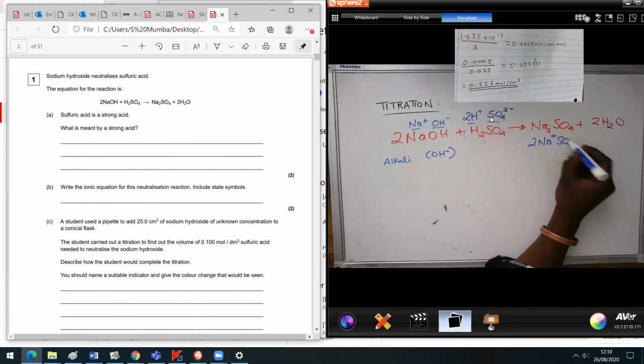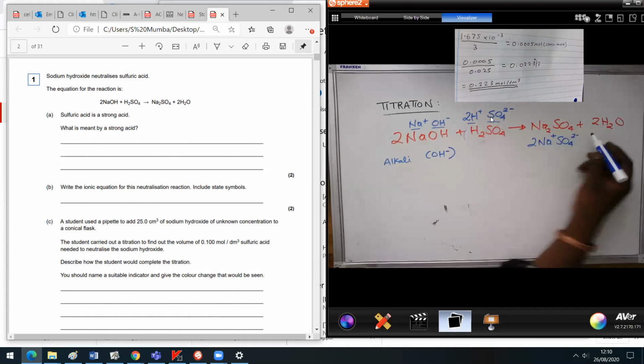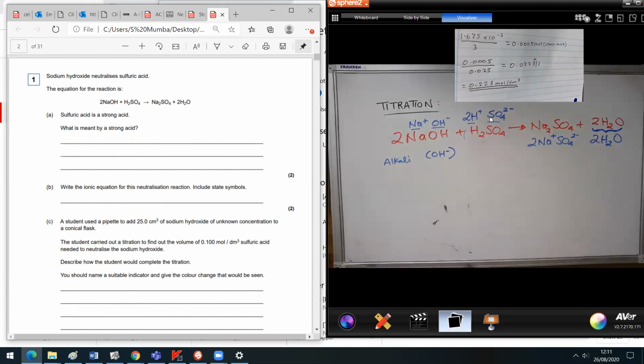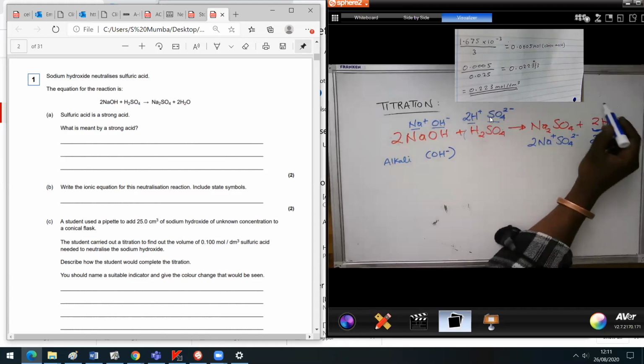So there we go. Again, I've got this SO4 2 minus. But this, water, is not made of ions. This is a molecule, so I can't write this as ions. I have to write this as a molecule. So far, so good? That just has no charge, because water is covalently bonded.